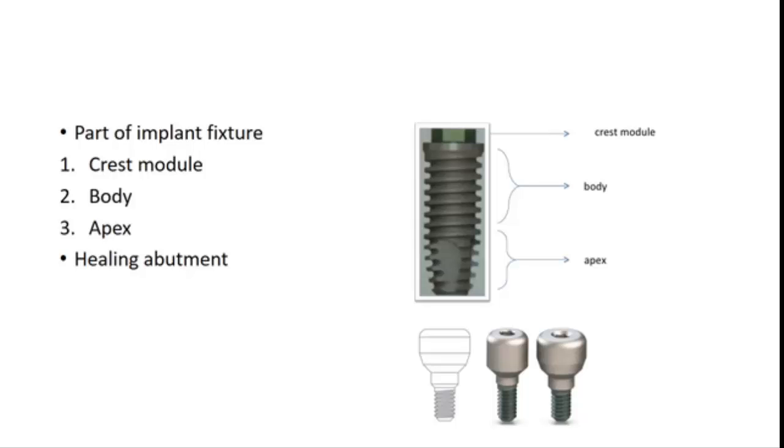So usually what we do is, after the implant is placed, we use what is called a cover screw. The cover screw is placed and the soft tissue is sutured over that, and it's left in the same place for a minimum of 2 to 3 weeks for it to heal.